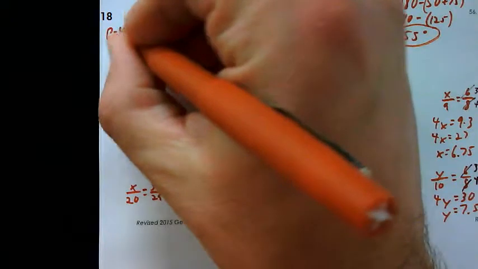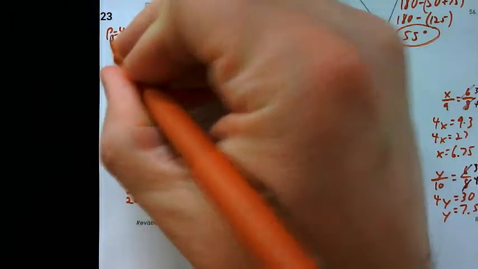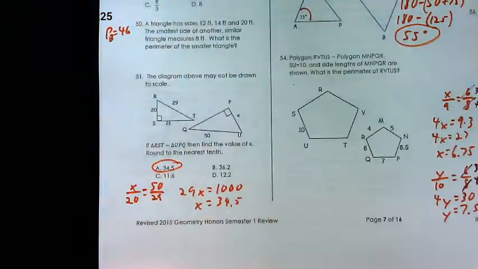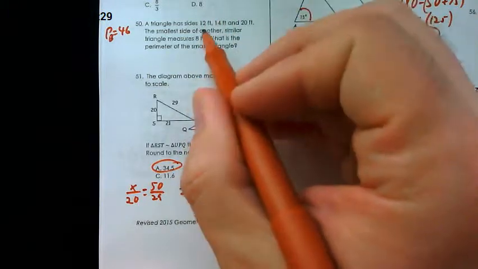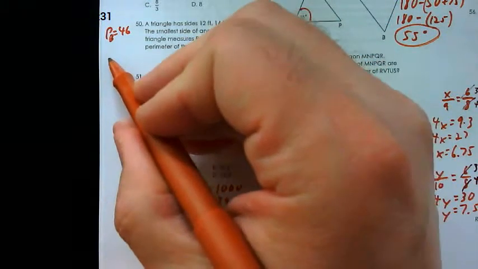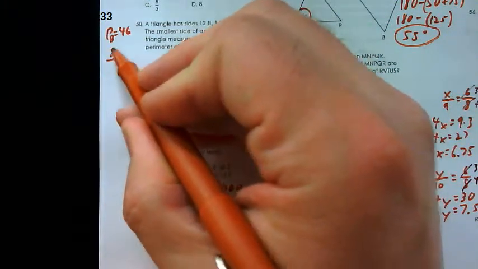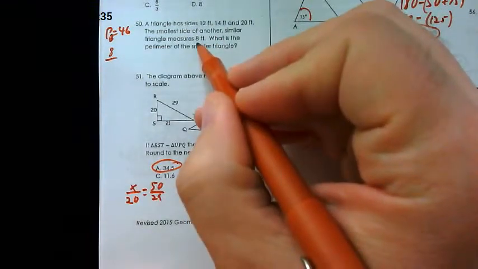So the perimeter of the big triangle is 46. Now that we know the perimeter of the big one, set up your proportion. I have 8, that's the smallest side, so that goes with the 12.